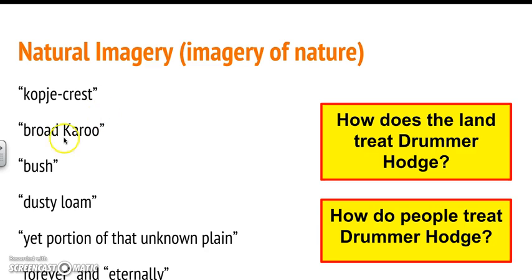The broad karoo, again, is an imagery of nature, of the landscape. And so is the bush, dusty loam. These three words or phrases really give us, the reader, an impression of the landscape and what it looks like.